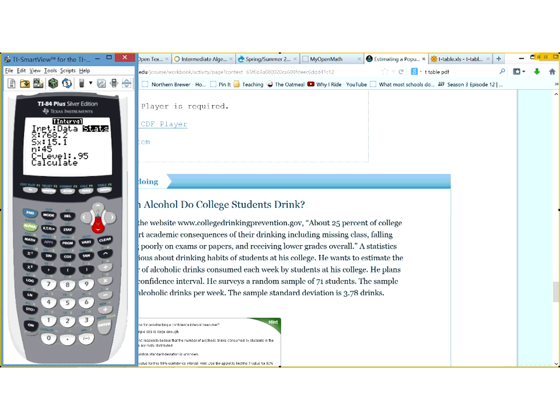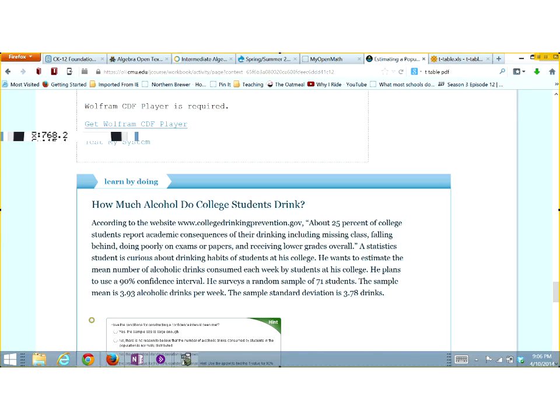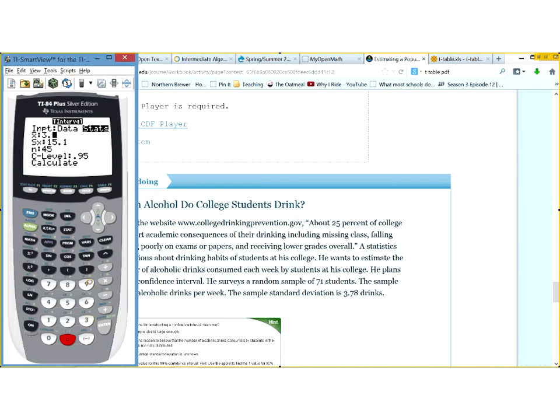And now I just need to change my sample mean, which was 3.93. Standard deviation, I can see on the screen here, is 3.78. And the sample size was 71 students, which means that my sample is plenty big enough, that's well over 30, that I can use the t-distribution.